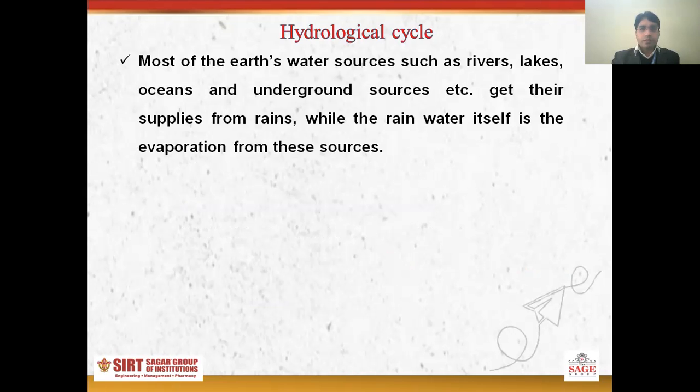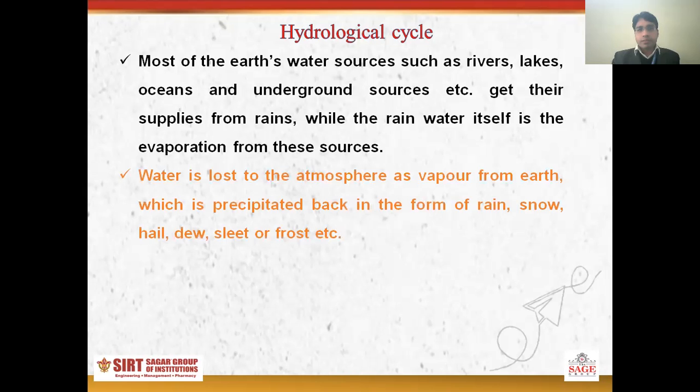Most of the earth's water resources, such as the rivers, lakes, oceans and underground sources, get their supply from the rains, while the rainwater itself is the evaporation from these sources.